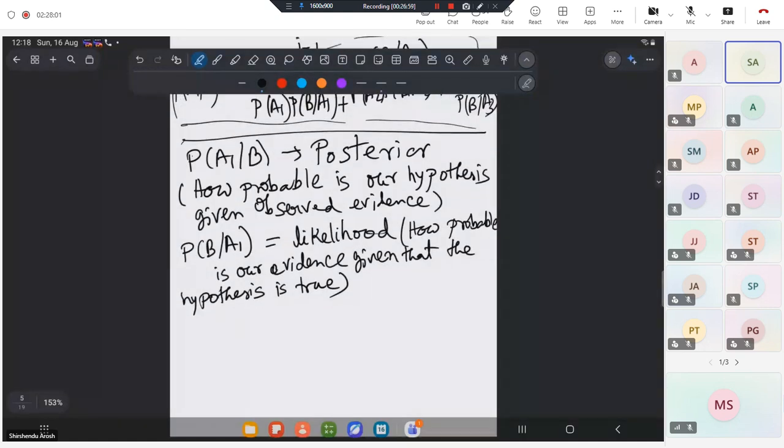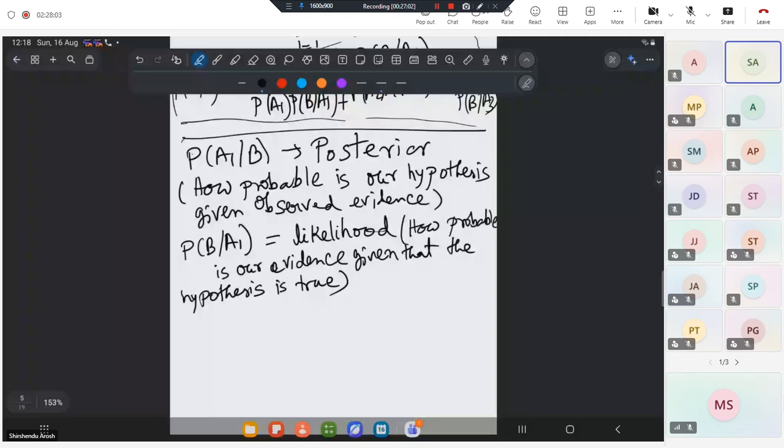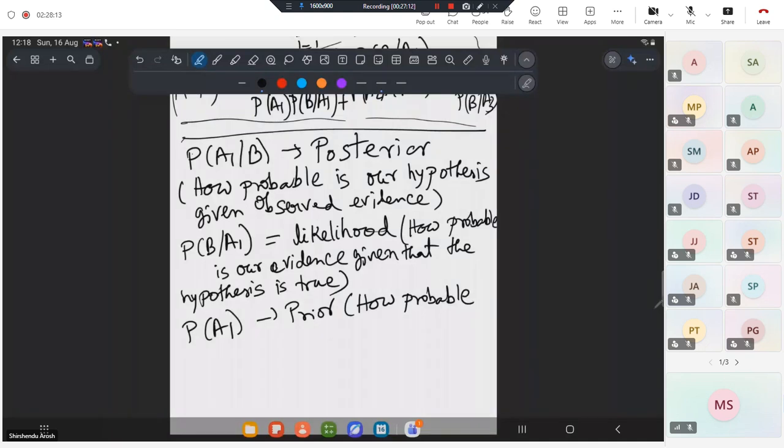P of A1 is the prior. That means how probable was our hypothesis before observing the evidence.